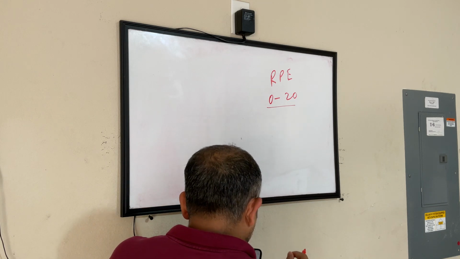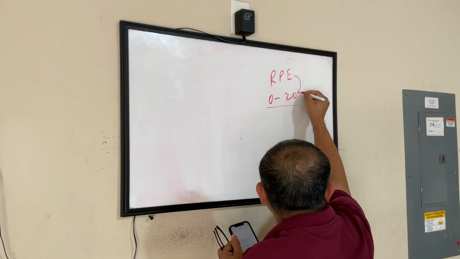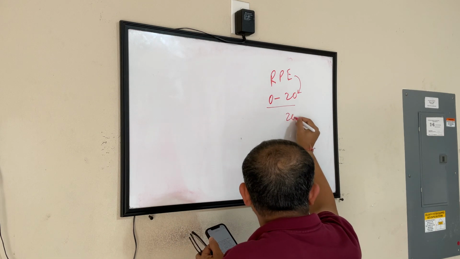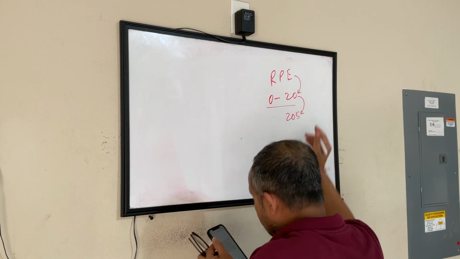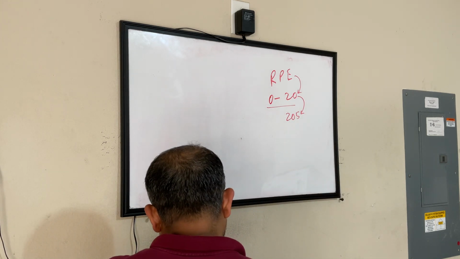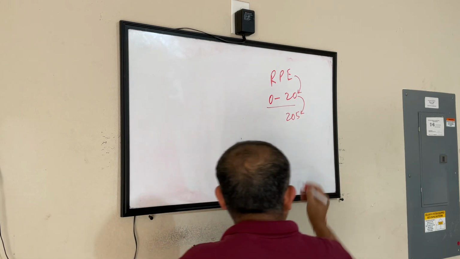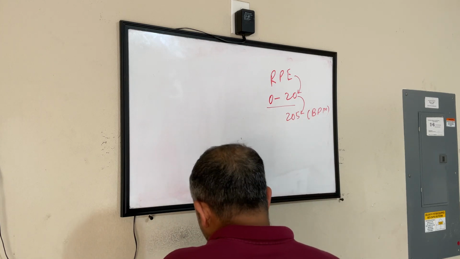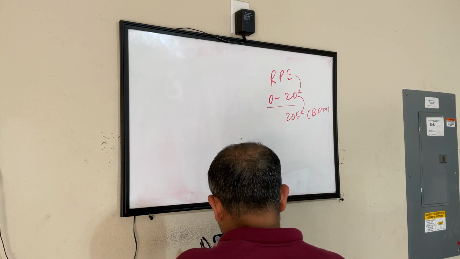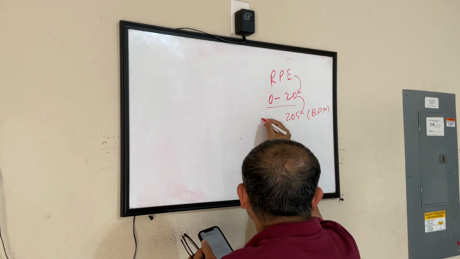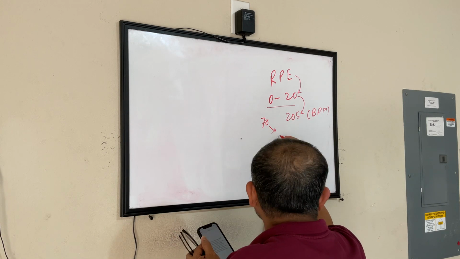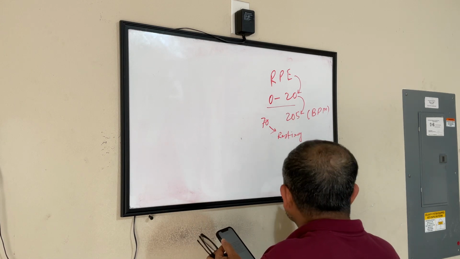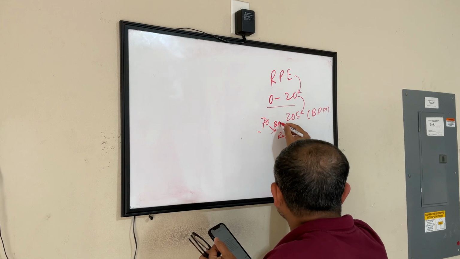If an RPE rank of 20 corresponds to a person's maximum heart rate of 205, another term, BPM, what RPE rank corresponds to the person's resting heart rate of 70 BPM, 70 beats per minute?